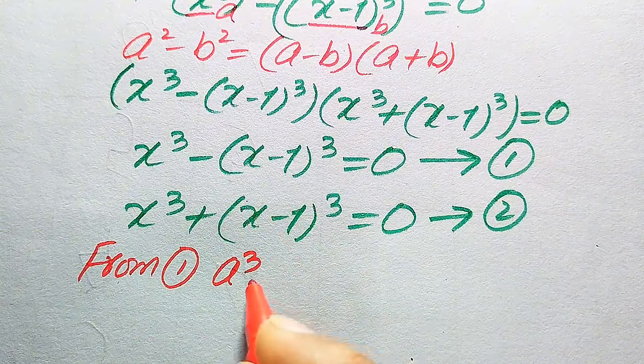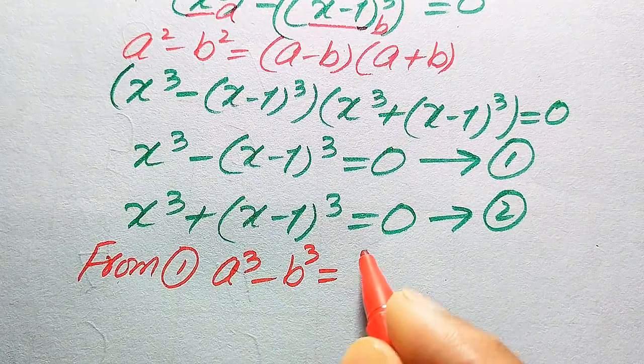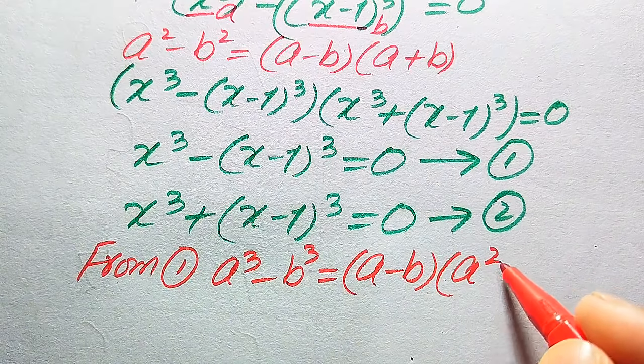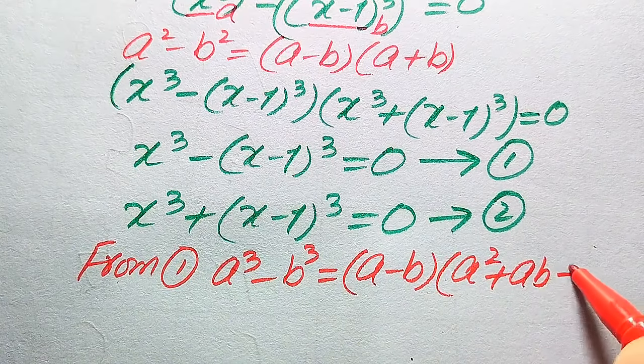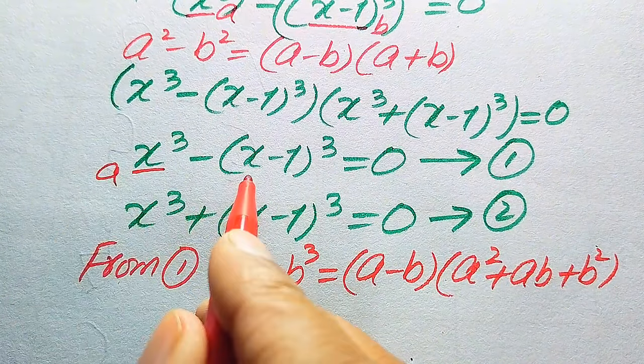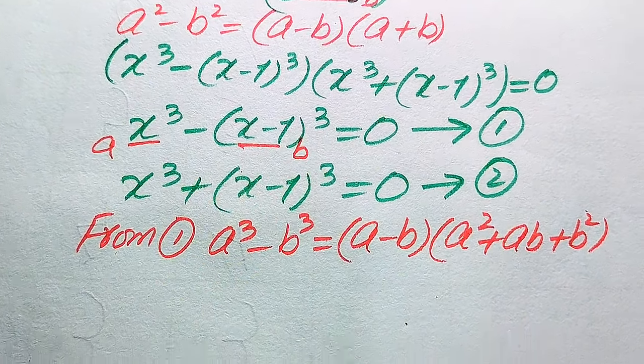You know that if we have a cubed minus b cubed, it is equal to (a minus b) times (a square plus ab plus b square), and you see here the base of this term is our a and the base of this term is our b.